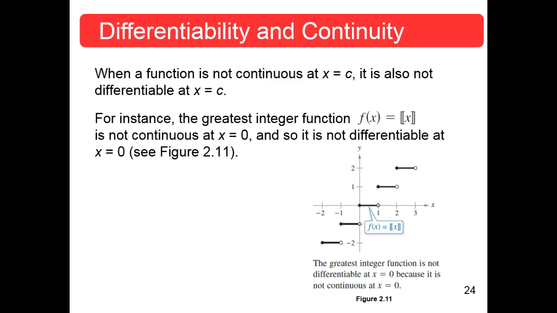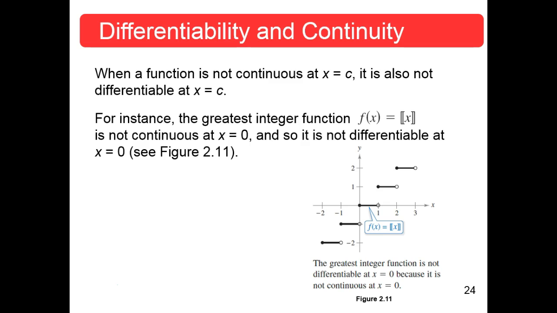Everywhere in between is continuous, and it's differentiable in between, but it's not differentiable at the integers because the limit of the function is not the same coming from the left as from the right. So it's not differentiable at x equals 0, or x equals 1, or x equals -1, or any integer because it's not continuous there.